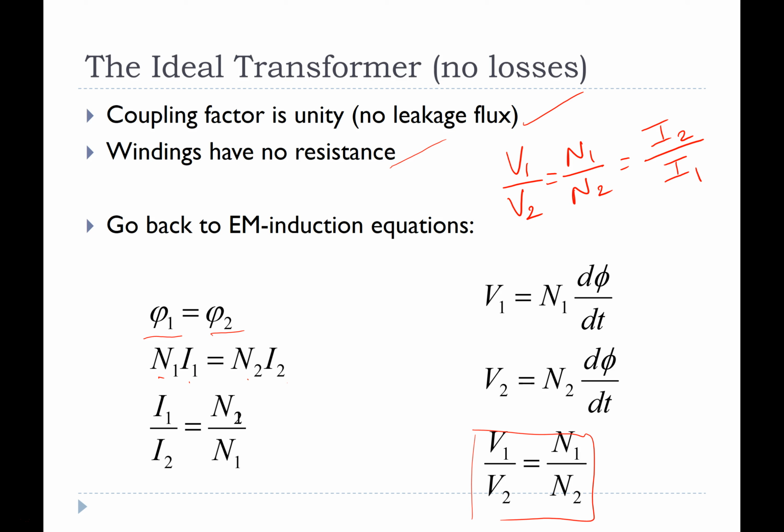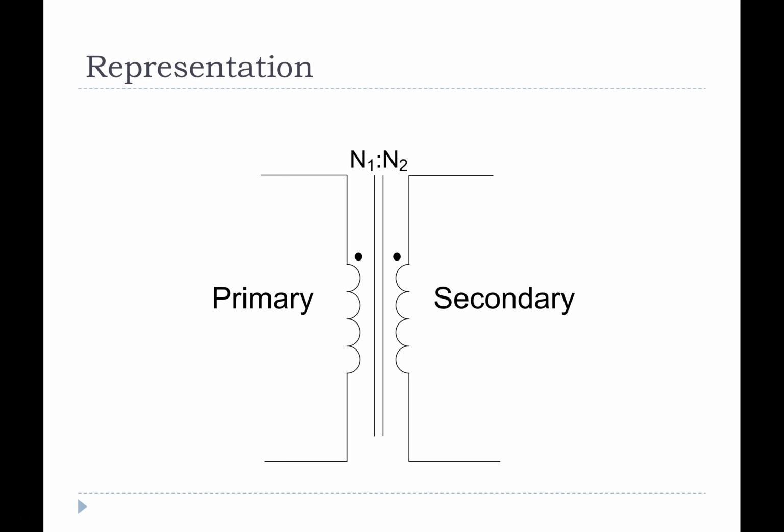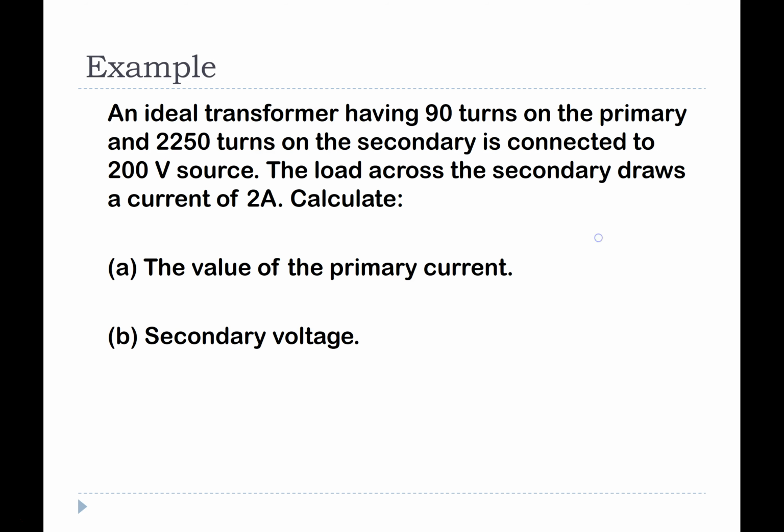So we represent this ideal transformer as simply two coils, and here we have the turns ratio. So when you have this symbol, basically what you're going to see is that whatever voltage is here, V1, will come out on this side. V2 is equal to N2 on N1 multiplied by V1.